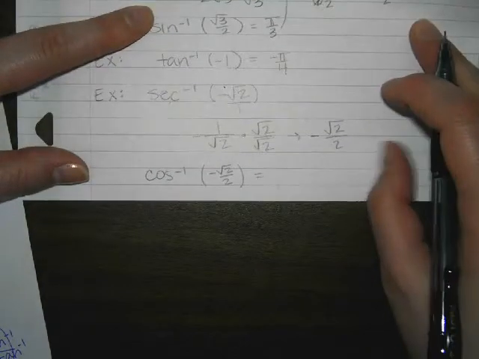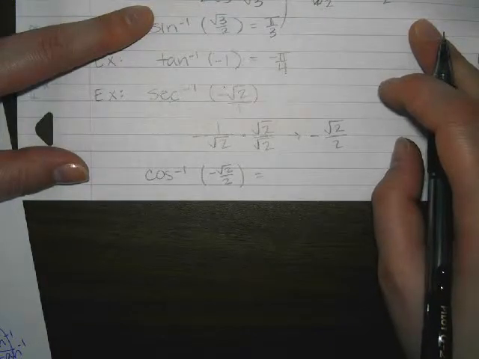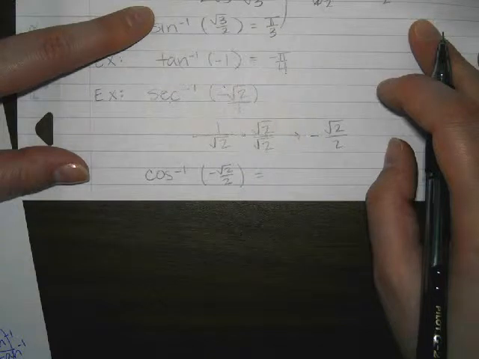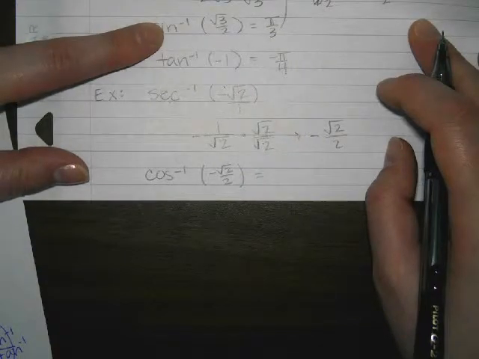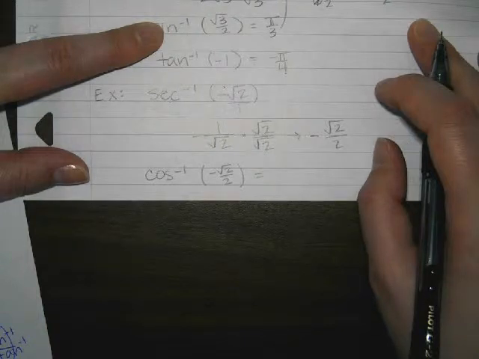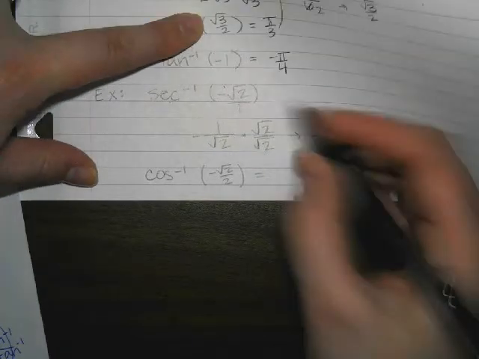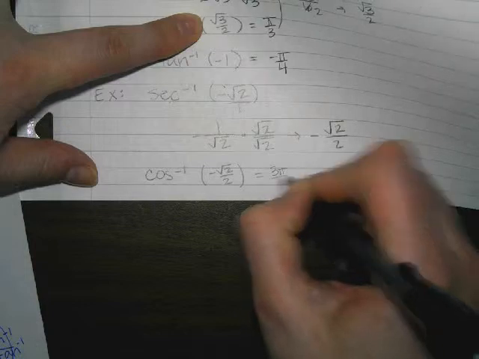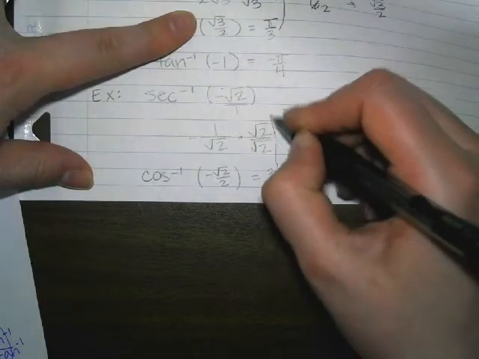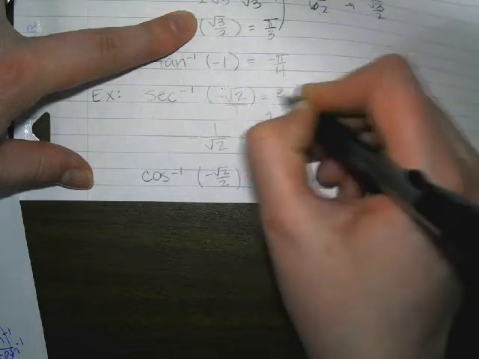So on my unit circle, I'm looking at quadrant 1 or 2, and I'm looking for an x-coordinate of negative root 2 over 2. Second quadrant, and what would the angle be? 3 pi over 4. Okay, so then I'm going to go back up here, and I'm going to say, okay, my answer was 3 pi over 4.